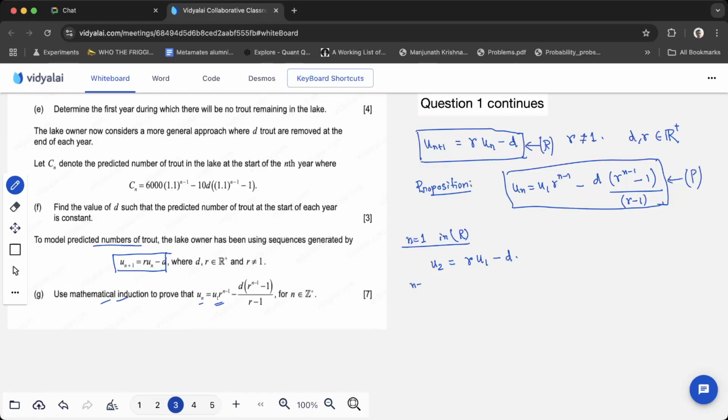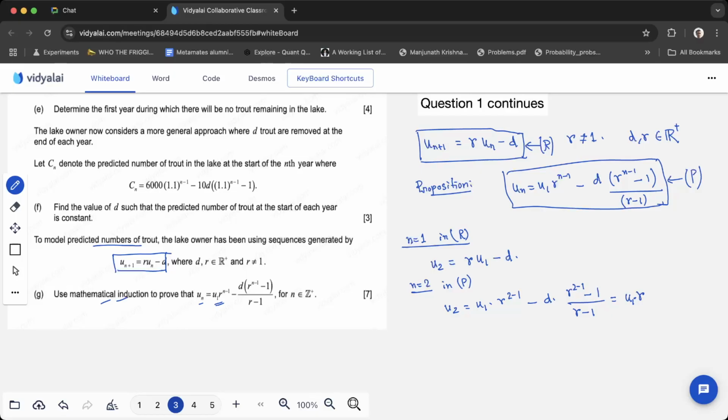Now let's put n equals 2 in the proposition equation. So we get u2 equals u1 times r to the power 2 minus 1, minus d times (r^(2−1) − 1) divided by (r − 1). So r to the power 2 minus 1 is nothing but r, because the exponent becomes 1. So this is nothing but u1 times r.